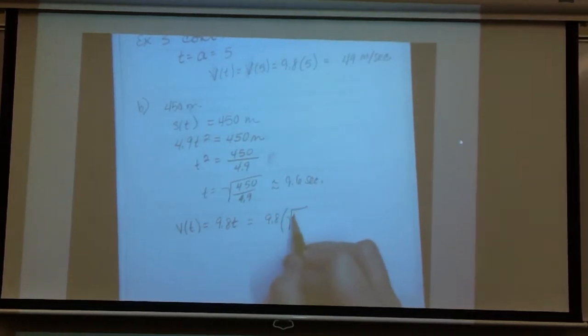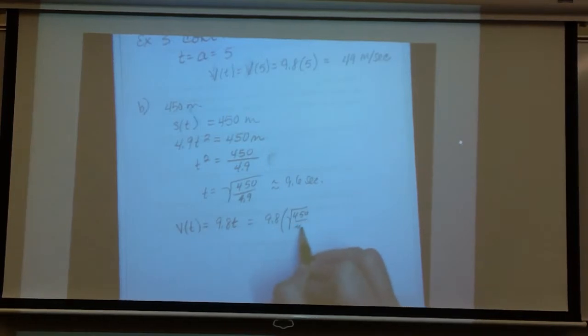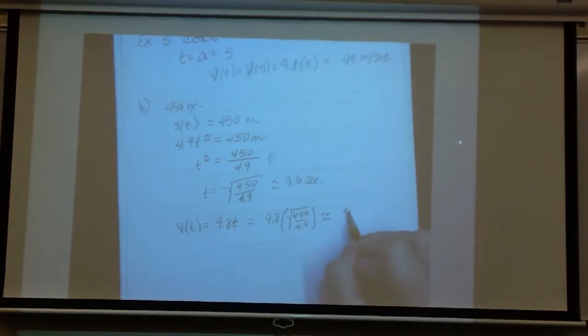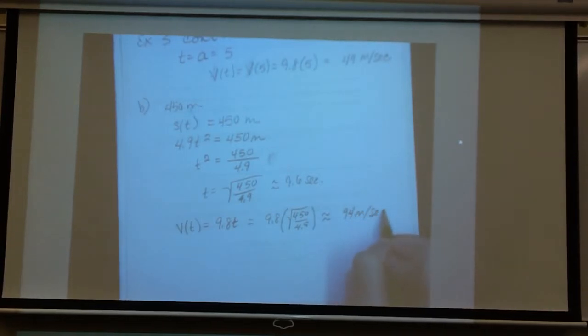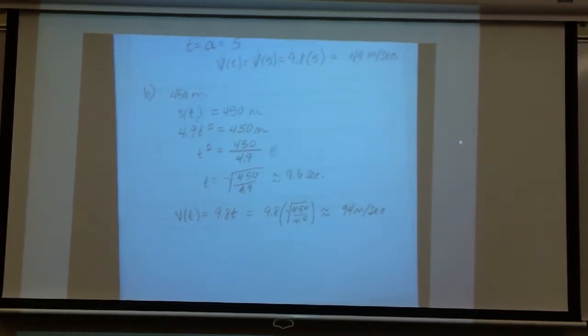We can be exact and do this. That one was pretty much pure physics.